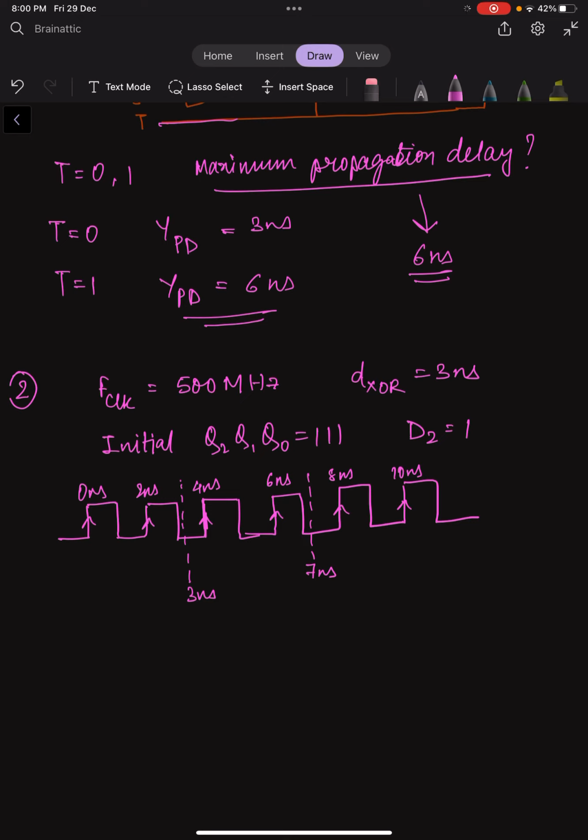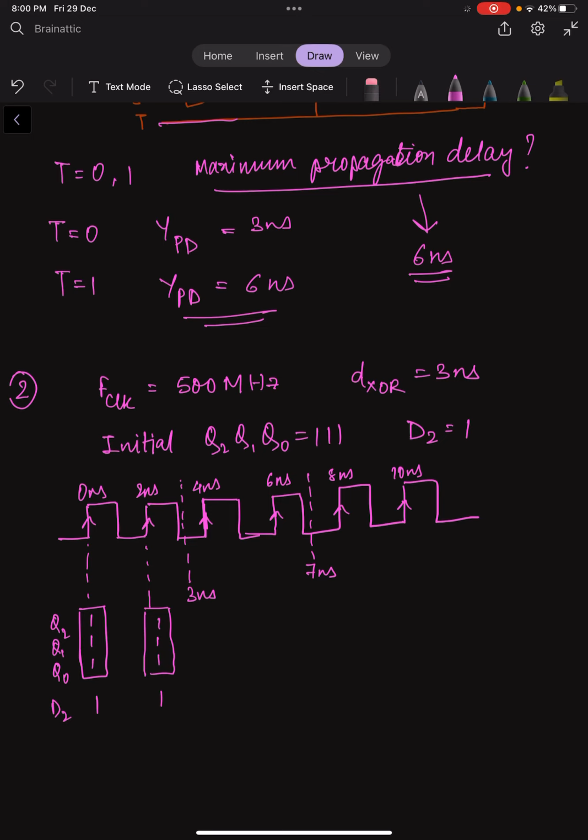And from this 4 nanoseconds pulse edge, we'll mark the 7 nanoseconds. Now, we'll see the conditions of Q2, Q1 and Q0 at each rising edge of the pulse. At 0, Q2, Q1, Q0 is 111. At 2 nanoseconds, since the XOR hasn't produced its output yet, Q2, Q1 and Q0 are still at 1.